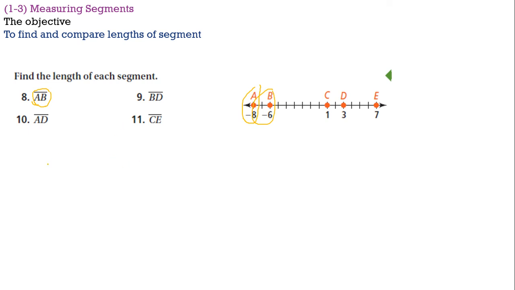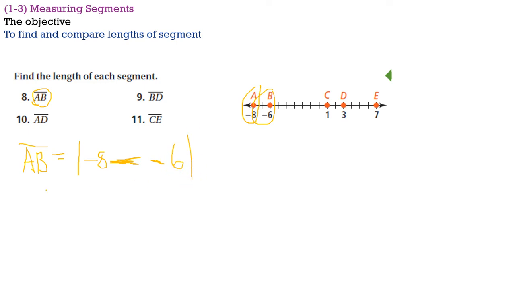So I will say that AB, the length of this segment, equals the absolute value of negative 8. I'm copying this number, minus, it's coming from the rule, please don't confuse with that, minus this number, negative 6.